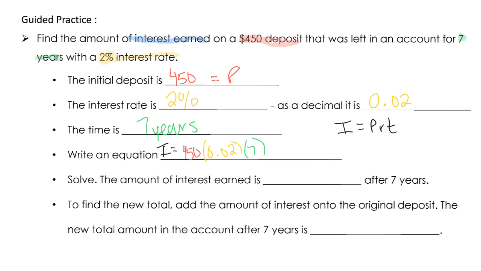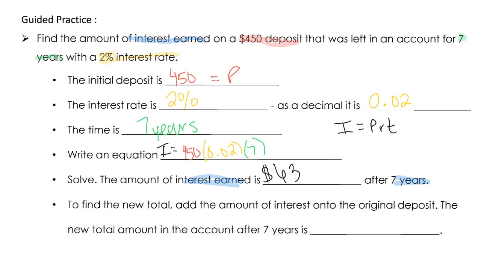Okay, so now I just multiply those numbers together. So in my calculator, I'm going to do 450 times 0.02 times 7. You get $63. So the amount of interest earned is $63 after 7 years.